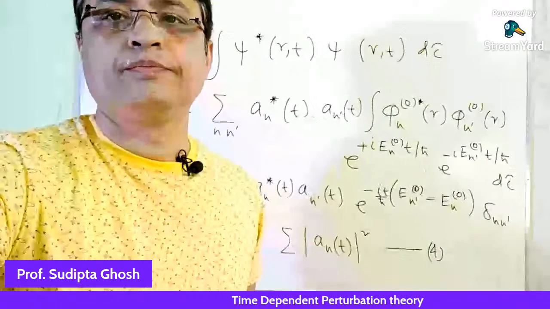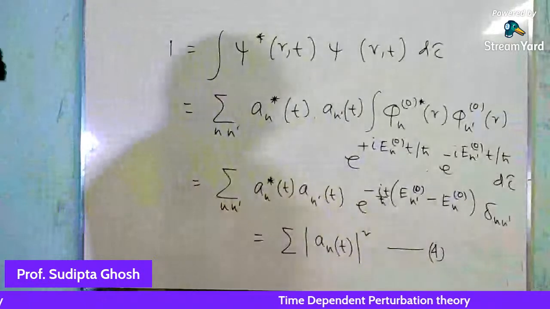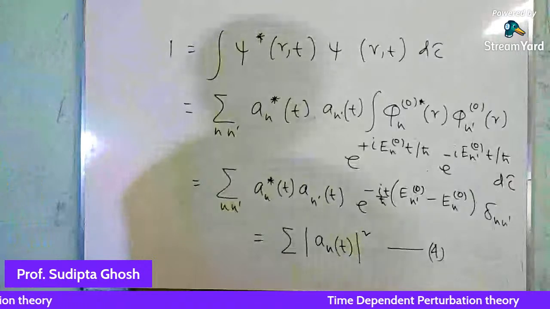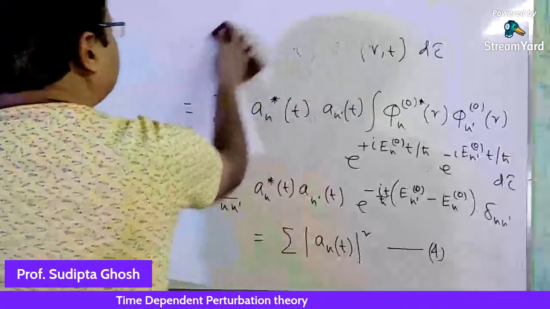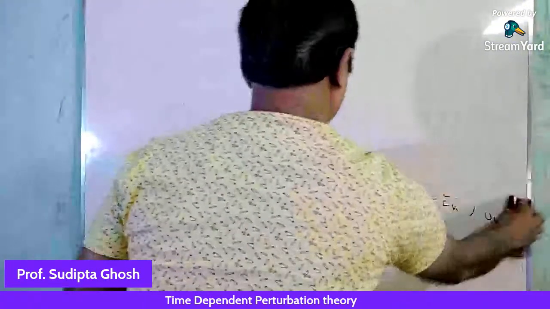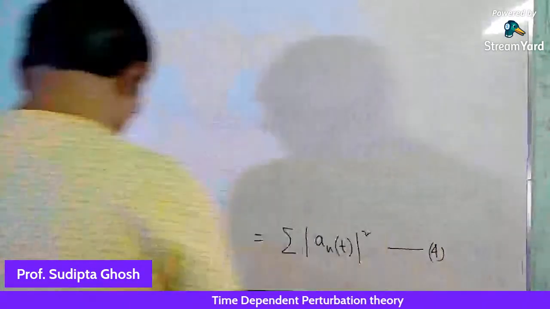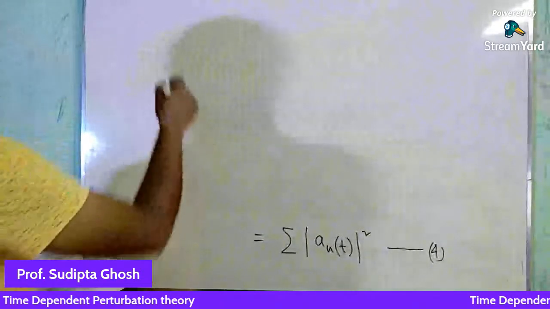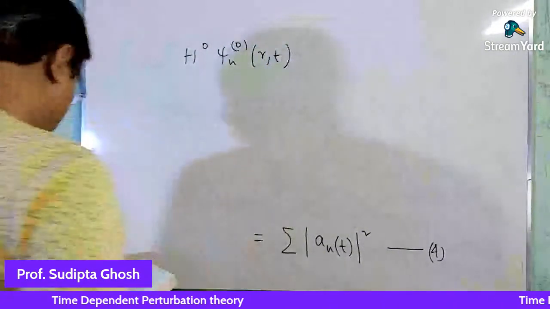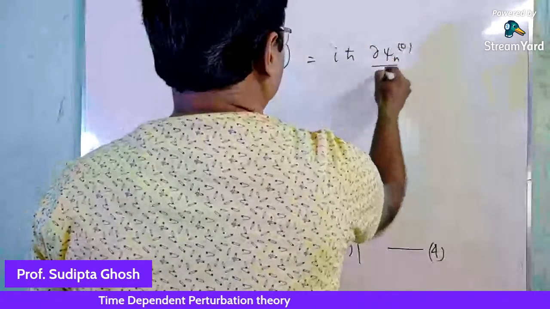So let's move on. Now the Schrodinger equation for the unperturbed Hamiltonian H0 for the nth quantum state can be given as H0 psi n0 of r, t equals i h cut del psi n0 by del t.